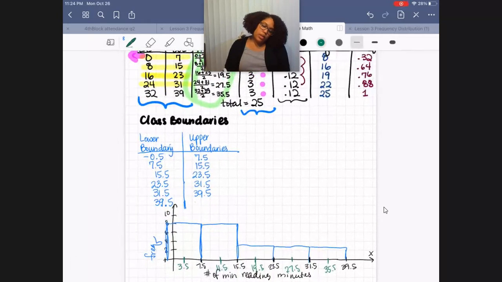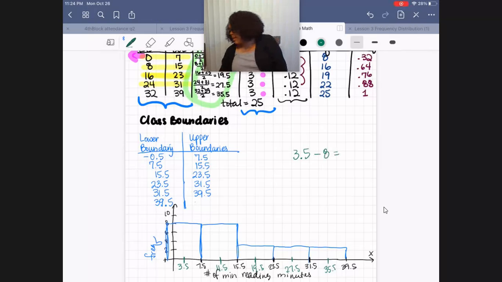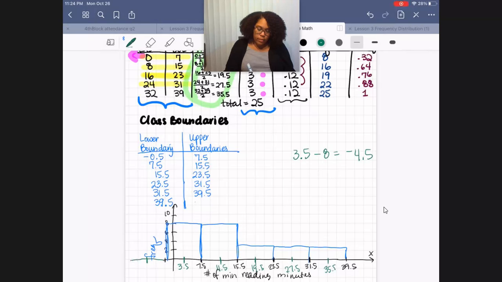So I'm going to take the first midpoint, which was 3.5, and subtract that class width from it. So 3.5 minus 8 gives us negative 4.5. So my next midpoint would be right here at negative 4.5.